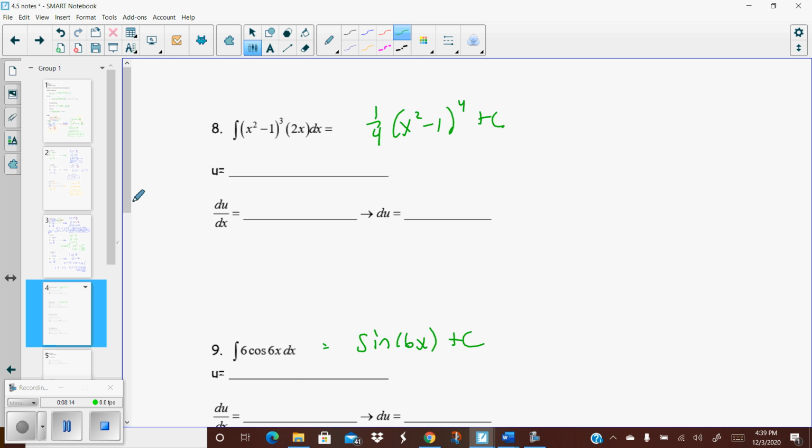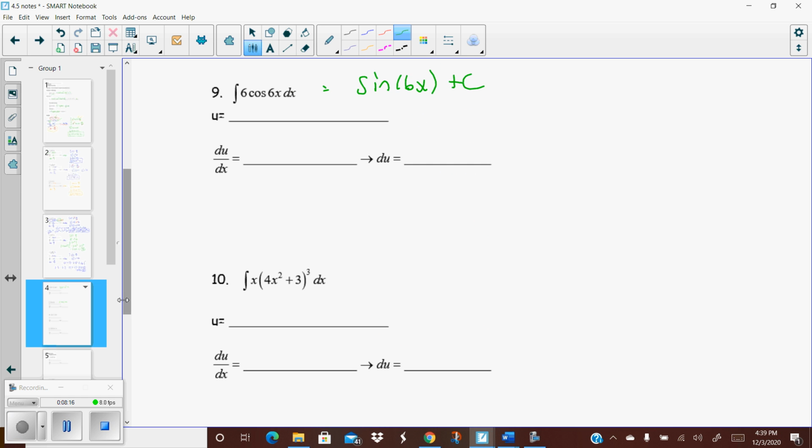Number 10 is going to be 1 over 32 times 4x squared plus 3 to the 4th plus c.